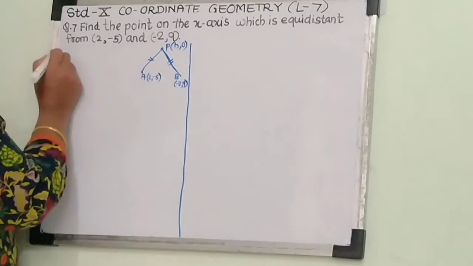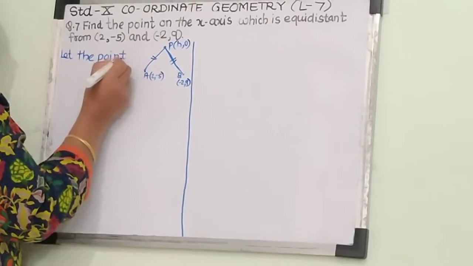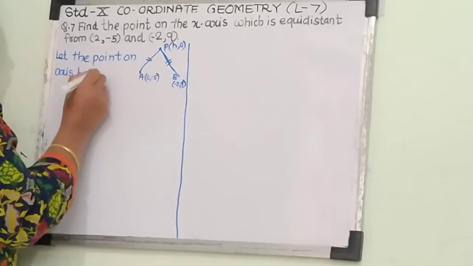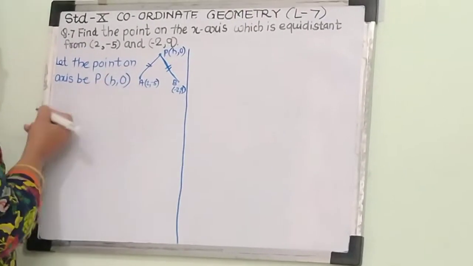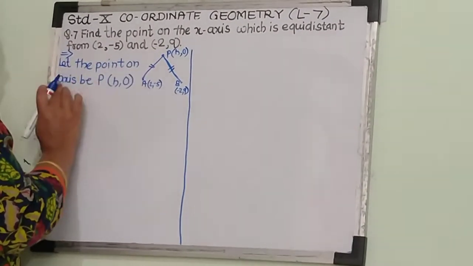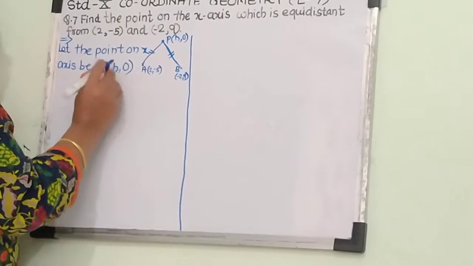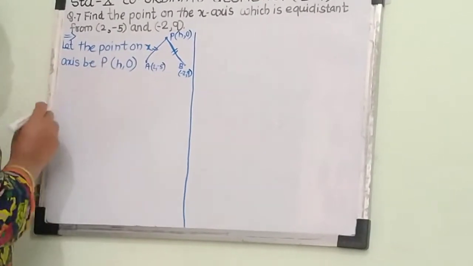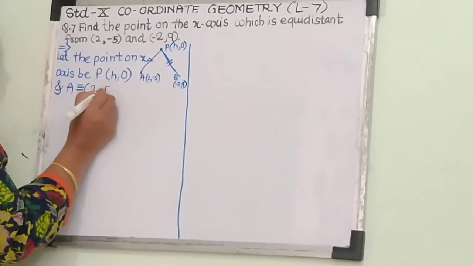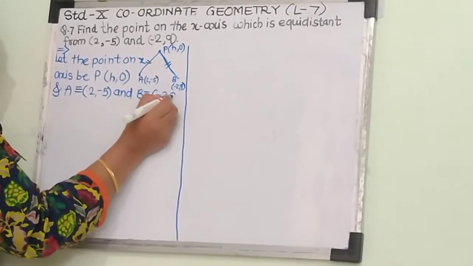So first we will take, let the point on the x-axis be P, whose coordinates are (h, 0), and also A's coordinates are given as (2, -5) and B's coordinates as (-2, 9).